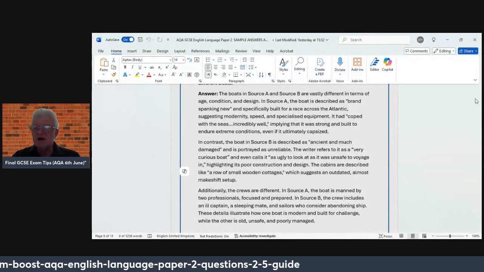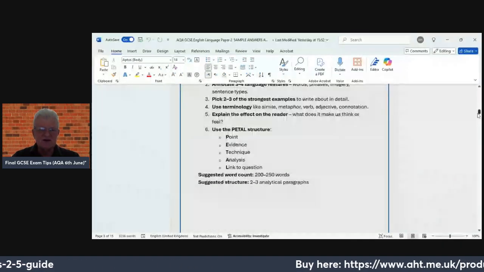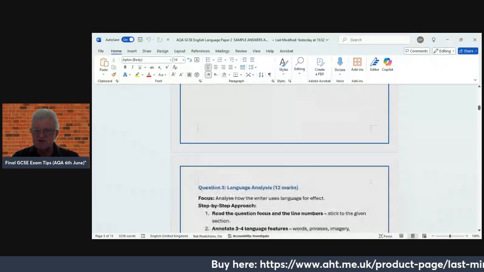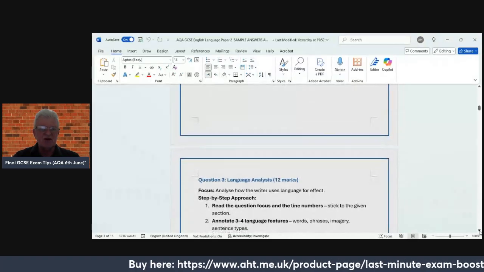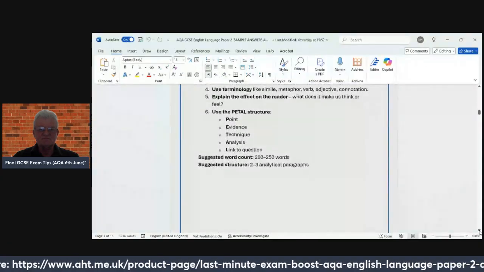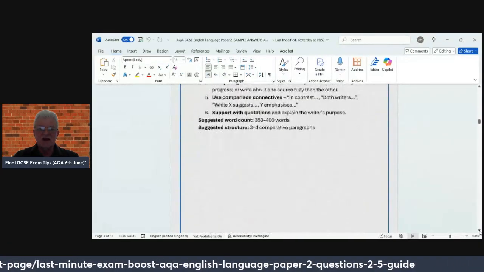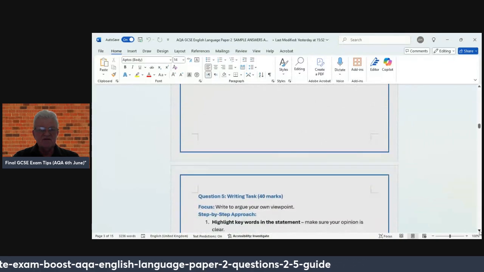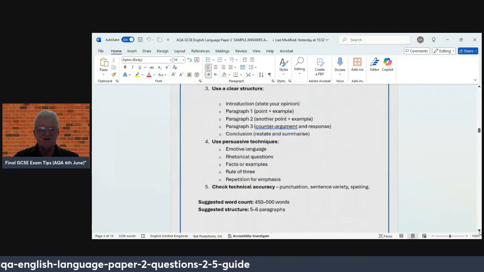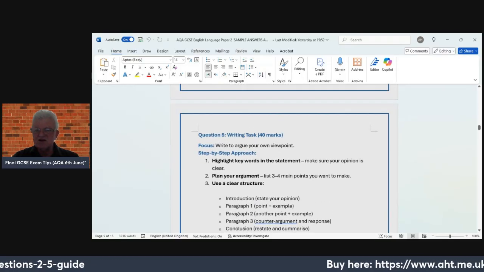And then you go back again to the other elements of this paper and you will see more advice about how you structure your answers. Question 3 has more detail in there. Then you see question 4, it has a lot of detail there. And in question 5, it gives lots of advice and ways you can approach it. This is going to be very helpful.